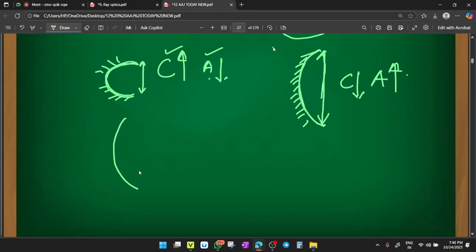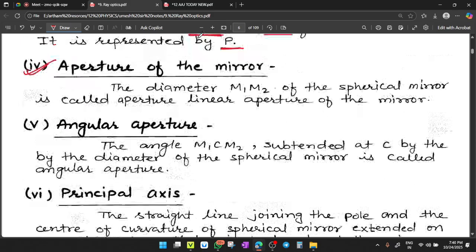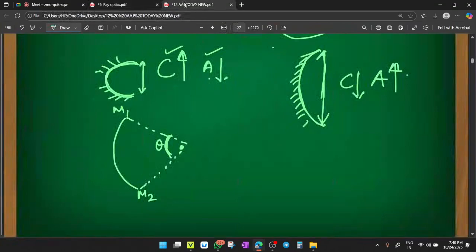But if you're talking about the angle made by this aperture at the center, this is M1, this is M2, and they make some angle theta at the center. This is called angular aperture. The angle M1 C M2 subtended at center C by the diameter of the spherical mirror is called the angular aperture. Got it?